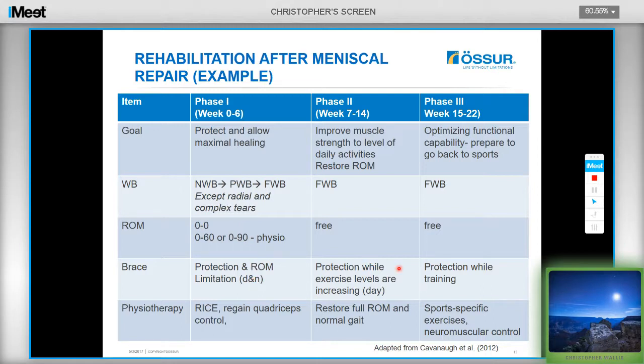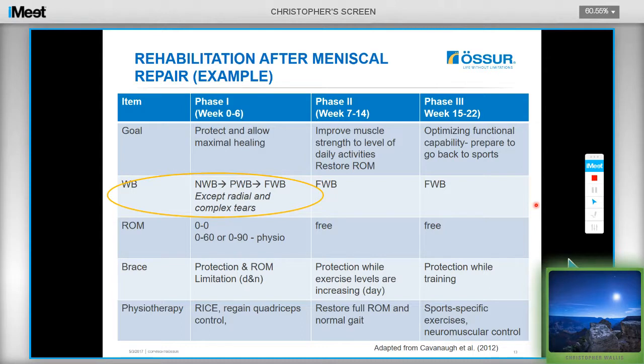Certainly the exact range of motion control and weight-bearing limitations will depend on the location of the repair, concurrent knee injuries, the referring doctor, the patient themselves and what they're going to tolerate and their compliance, all sorts of things. But I thought I would put this up as an example of a potential rehab program following meniscal repairs.